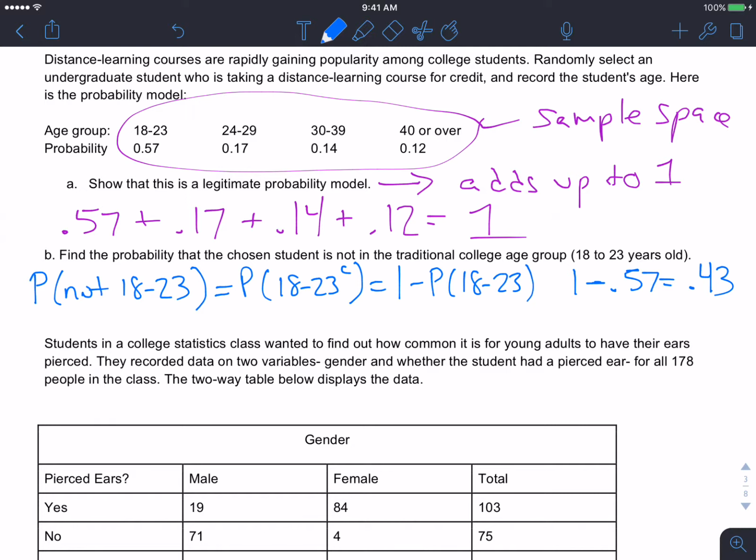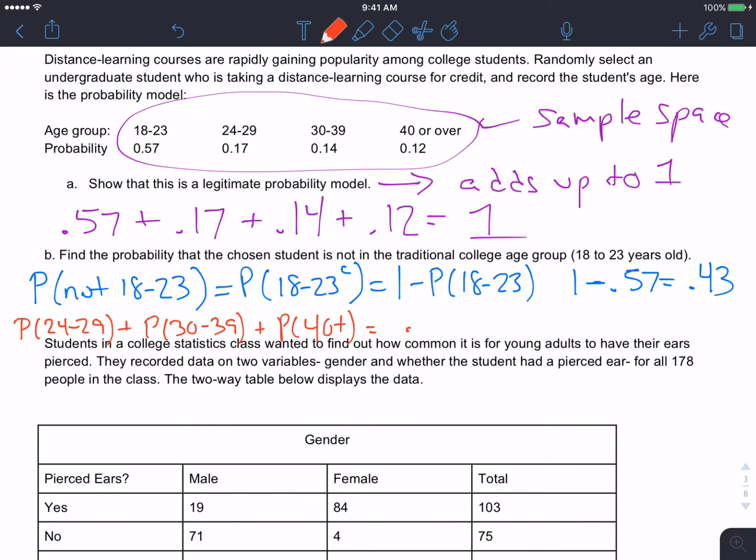Or, a little bit of a longer way is, you could just add up the probability of 24 through 29 plus 30 through 39 and 40 and older.